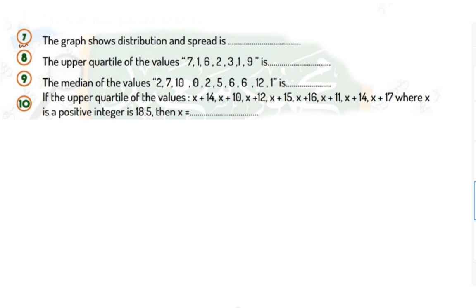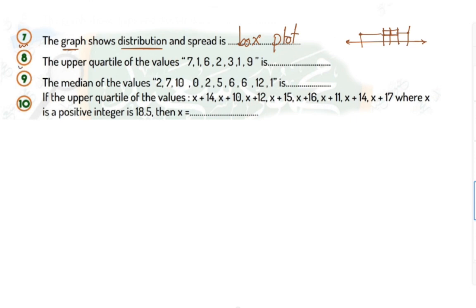A moment ago, we said the graph that shows clusters, outliers, and gaps is the dot plot, but which graph shows distribution and spread? Yes, this graph is called the box plot. Yes, the box plot shows distribution and spread.